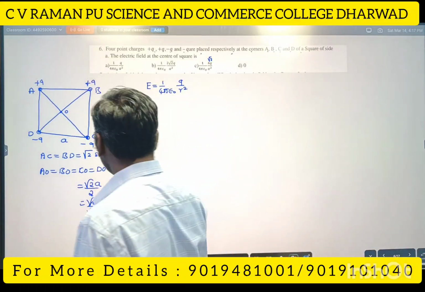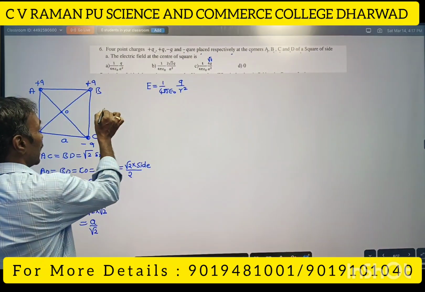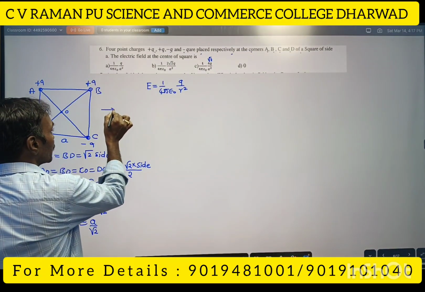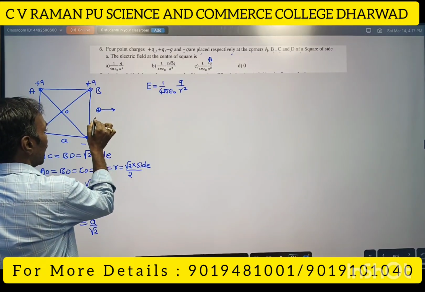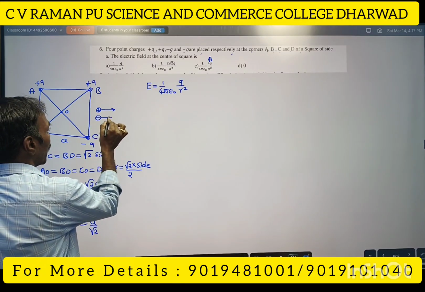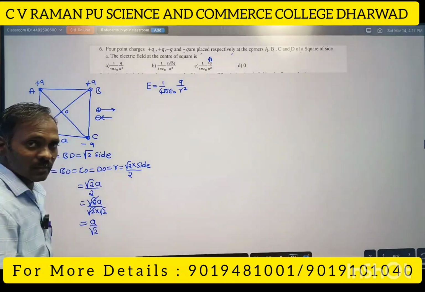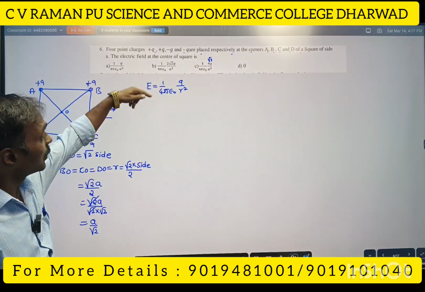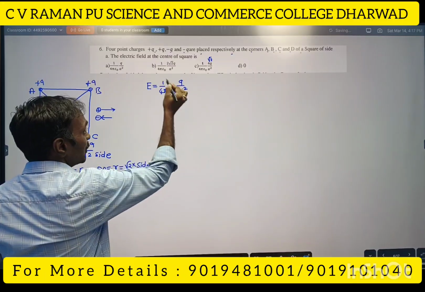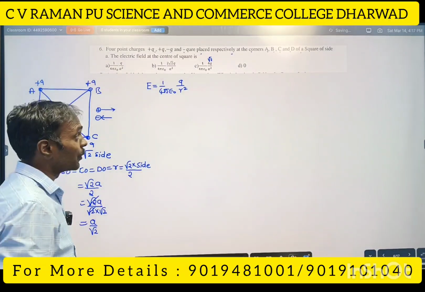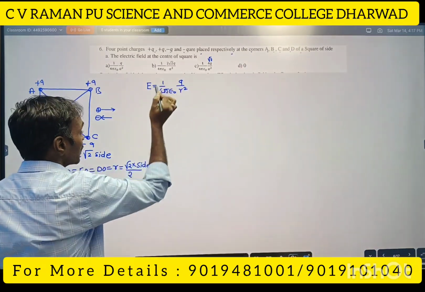The direction of electric field is radially outward for a positive charge and radially inward for negative charge. Now see the formula. Electric field depends on two factors, charge and distance. Magnitude of electric field depends on charge and distance.